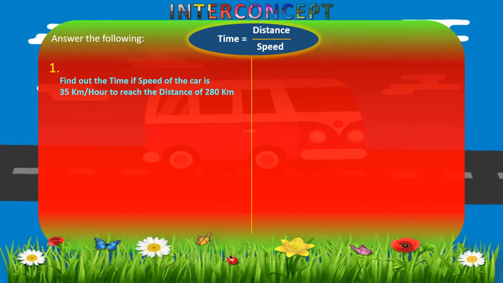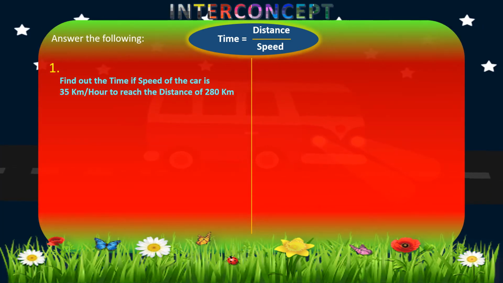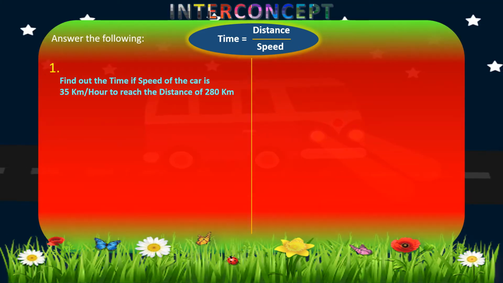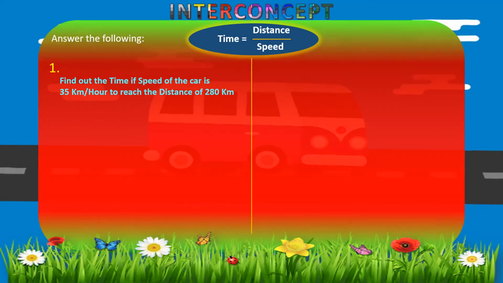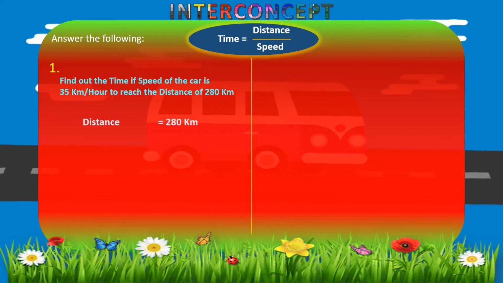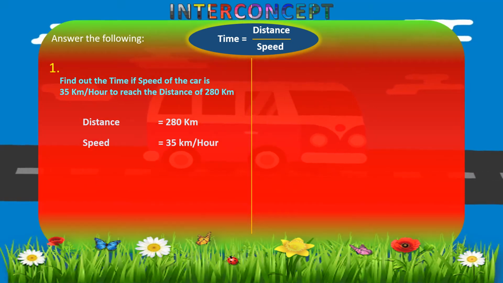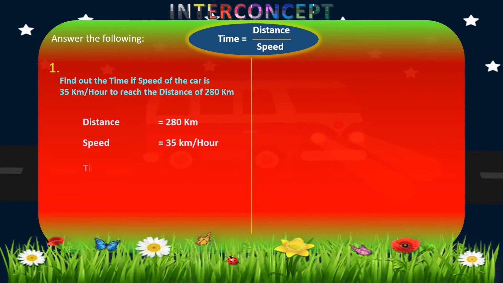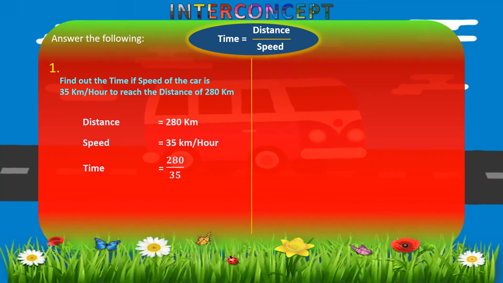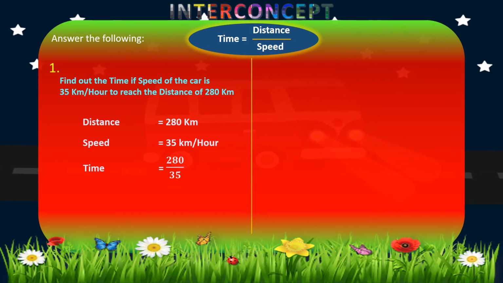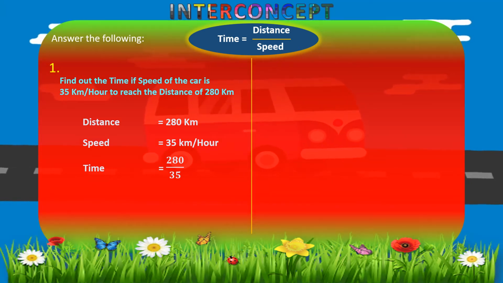Find out the time if speed of the car is 35 km per hour to reach the distance of 280 km. Here distance is equal to 280 km and the speed is 35 km per hour. Now we find the time. Time is equal to distance divided by speed.